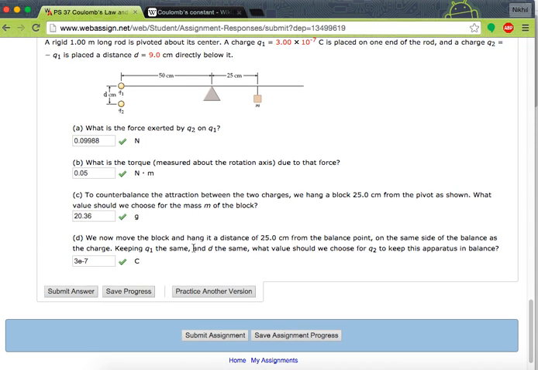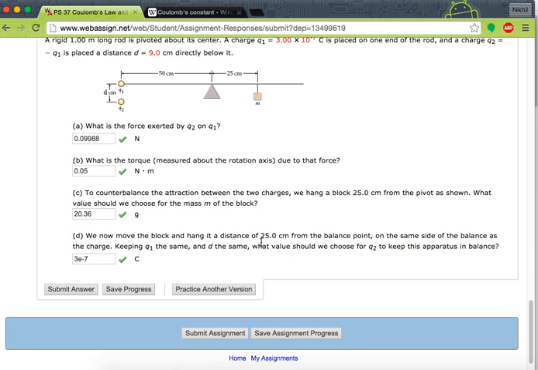For the last one, we now move the block and hang it 0.25 meters from the balance point on the same side, keeping Q1 the same and D the same. What should we choose for Q2 to balance this equation? This block is moved over here, so these things aren't balancing. There needs to be a change in this charge to change this torque.